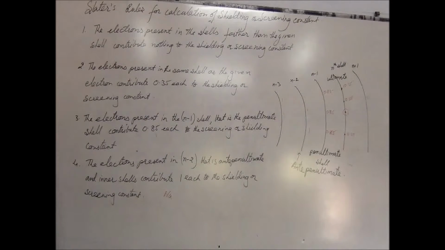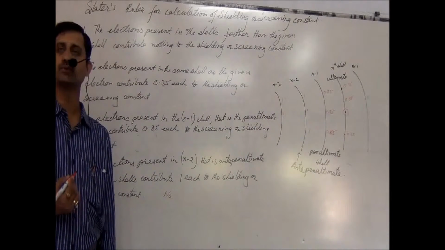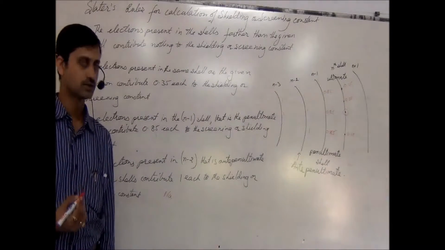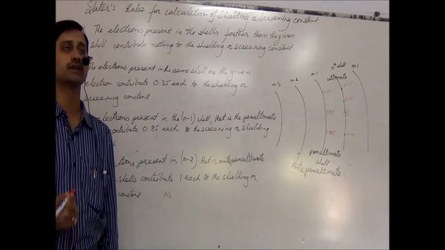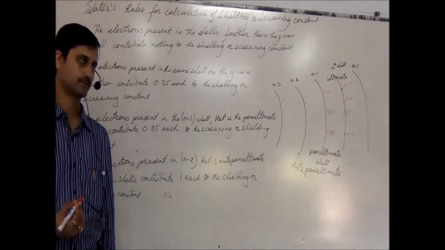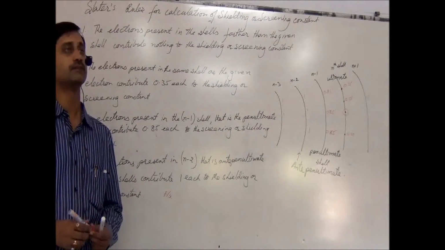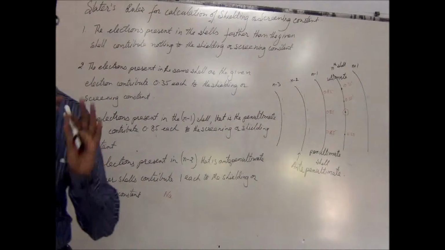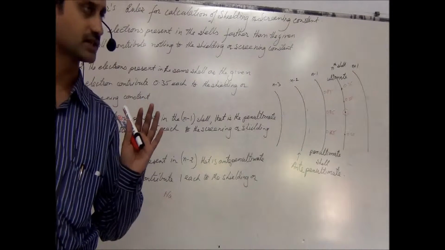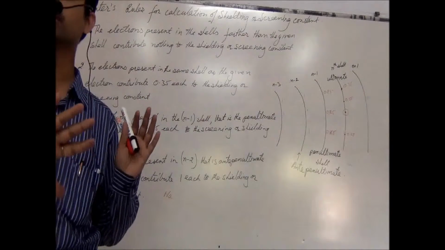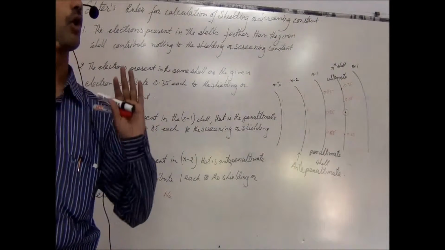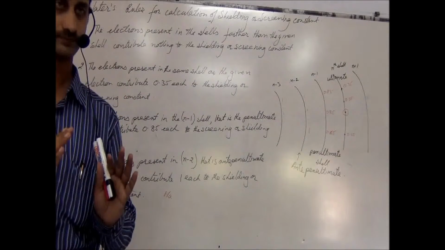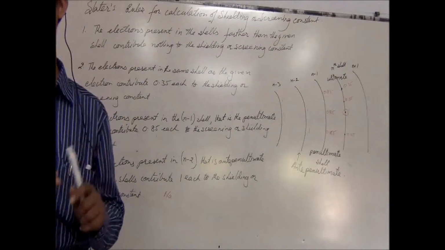Now be very clear, whenever you have to write the shielding or the screening constant, you have to write the electronic configuration. We will write the electronic configuration as far as the energy is concerned, but we are going to rearrange it so that we have all the electrons of the same shell together. That is how we are going to make it.